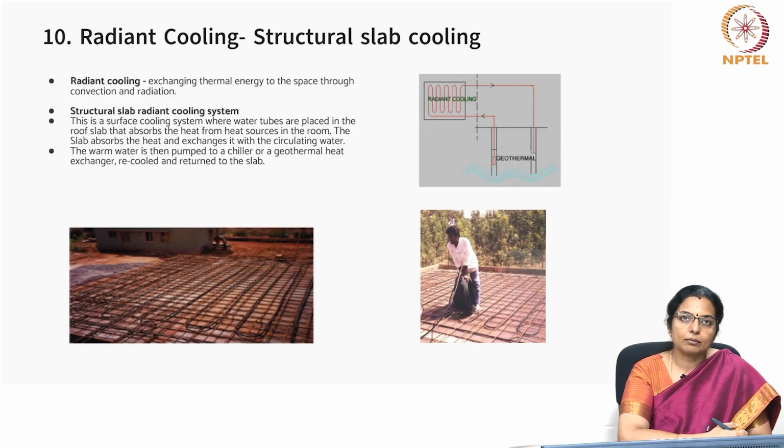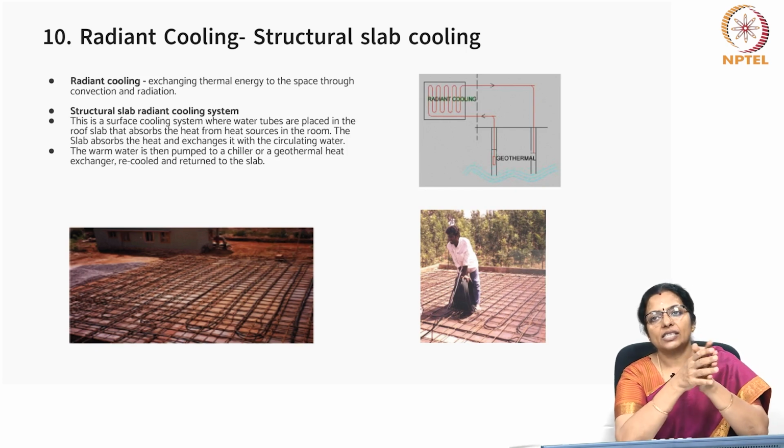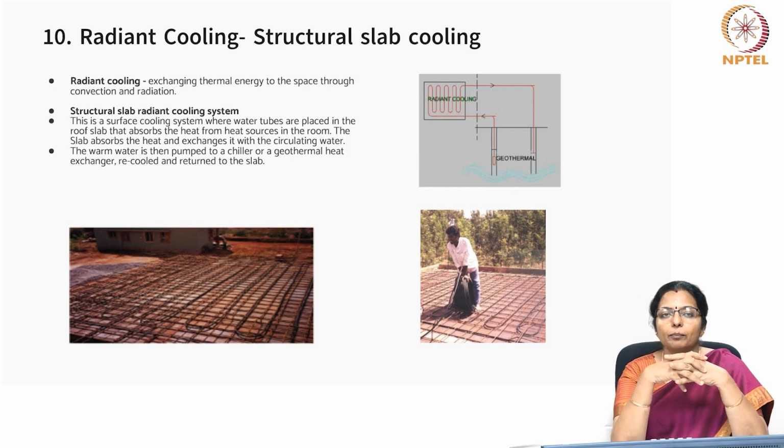Then the next advanced passive technique we will see is the radiant cooling, which is structural slab cooling or structural roof cooling. Now, the basic principle of this is that inside the roof slab or inside the floor slab, there are pipes which are embedded inside the slab.